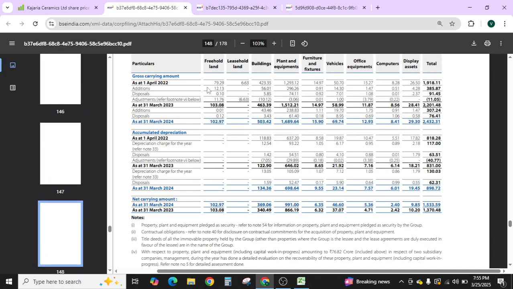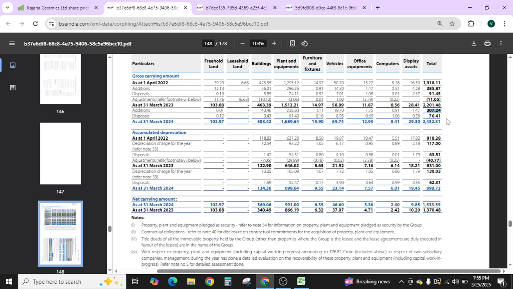This is a very important footnote because it can help us know what the capex plan of a company is and where they are doing capex. Like here you can see additions. We will talk about this in our next video, but you can see the total addition they have done for FY2023, which is 307.24. So we can call it the capex of the company for that year.